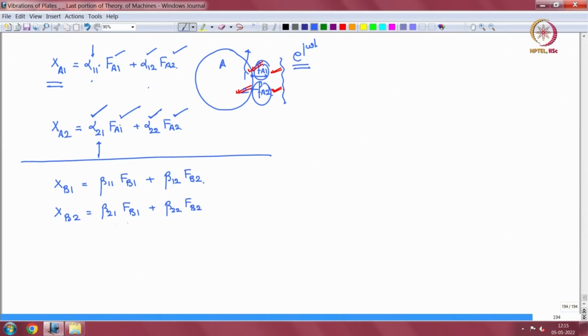So here comes the connection. I said it a little early ahead. Here comes the fact that there is a connection between the two systems. So what is the connection? A1 and B1 are connected.